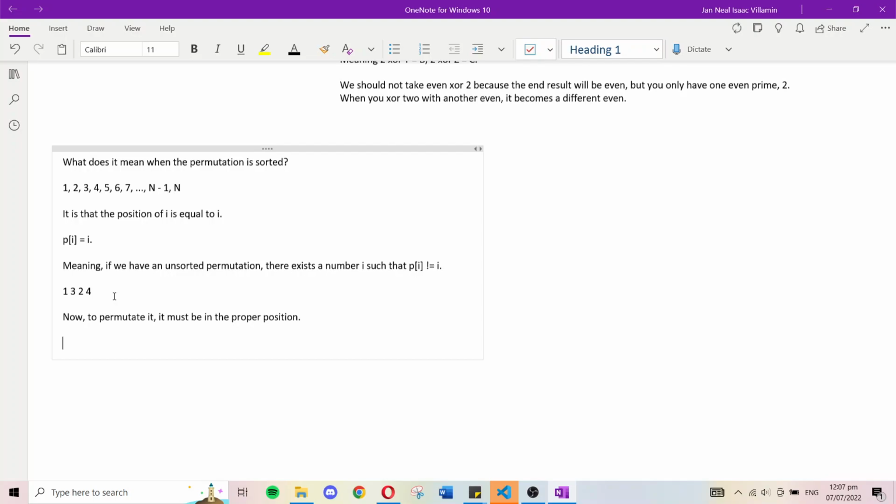For it to go back to the proper position, k must be divisible by their difference.